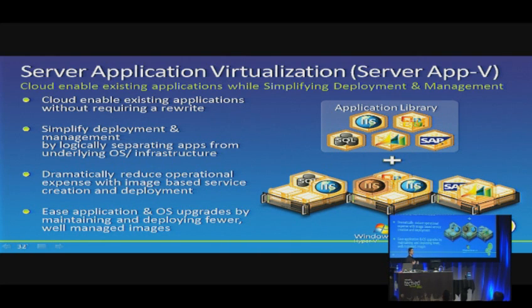Now, if you're familiar with client application virtualization, when you create and encapsulate that application, it's set with a lot of the configuration information. With Server App-V, we're adding this capability to deploy and pass into that package configuration information for that VM. As an example, let's say I take a dynamic server and I package it up. Well, when I deploy it to my dev environment, I want it to hit my dev SQL server.